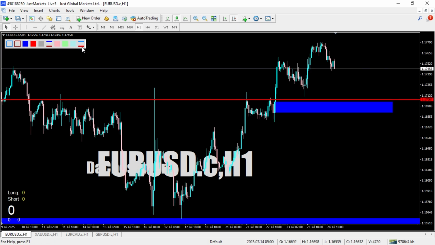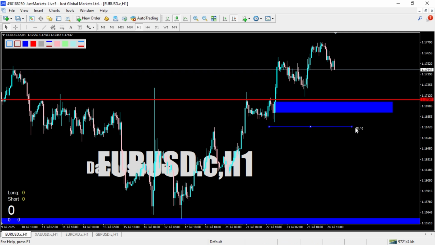Our stop loss would be somewhere around here. This is our stop loss area.